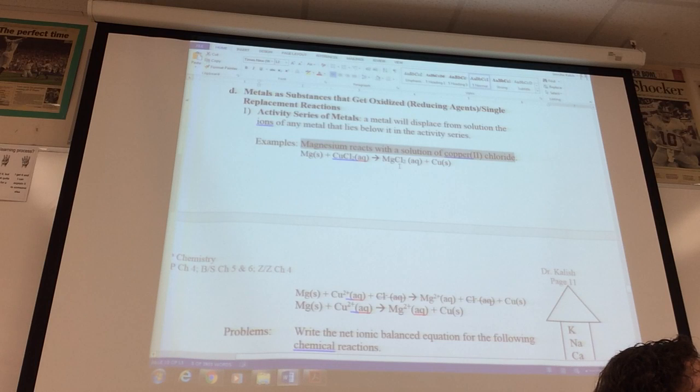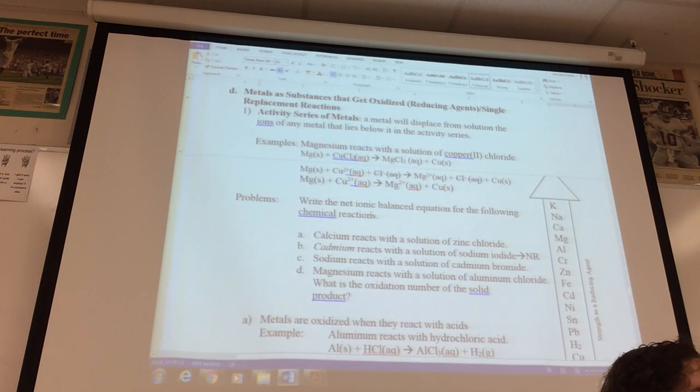This year, what we want to be able to do is write a net ionic equation, and we've been through net ionics, so I think you'll be good here. This says aqueous, which means you break it up into the ions. This is aqueous, you break it up into the ions. The spectator ions are chloride ions, so they cancel, and you have your net ionic equation.